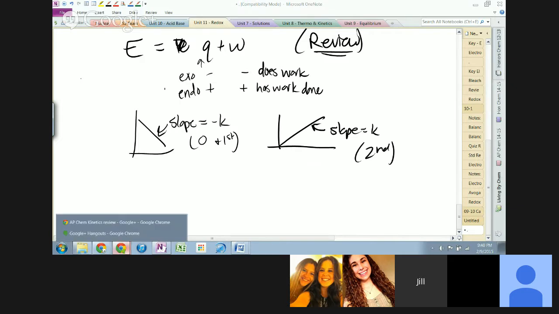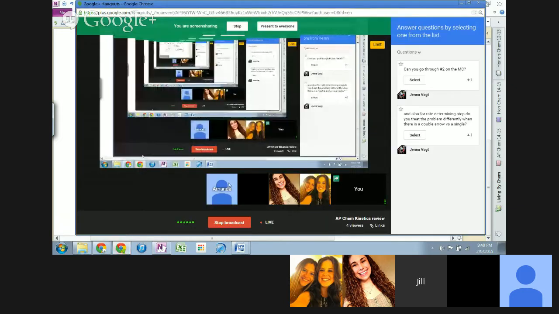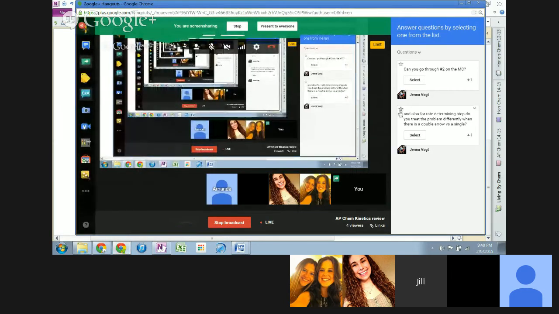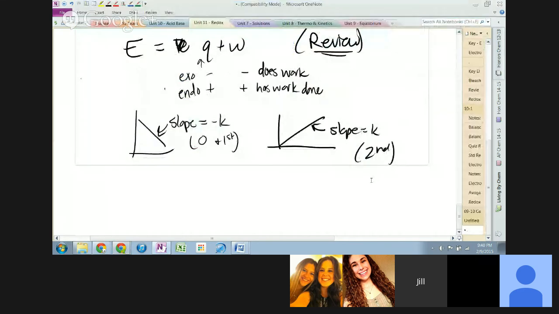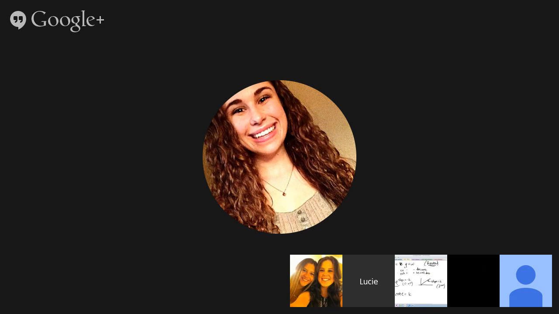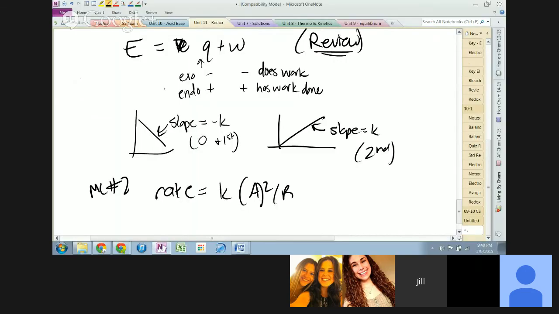I want to get back to Jenna's question that she posted there. It was number 2 on the multiple choice. Number 2 asks about comparing how the rate changes when you change the concentrations. Rate equals k times A squared times B, and it says the concentration of A is reduced to half of its original value.